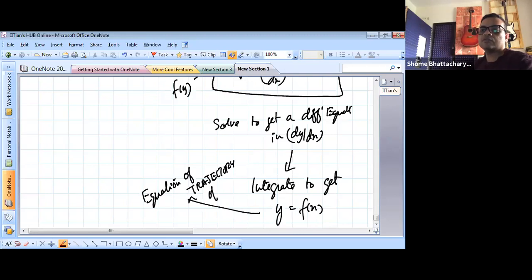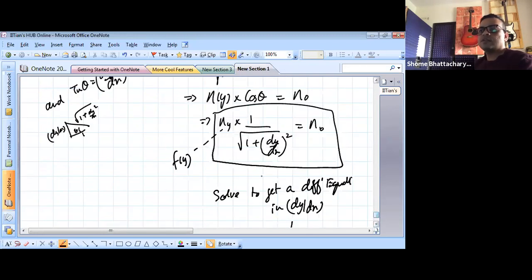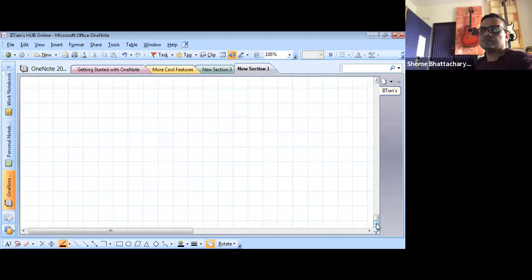of light. Okay. So for example, now typically you will be given a function which is easy to solve. So for example, that refractive index as a function of y is something like this. It is square root of 1 plus y square by e square, where e is a constant.